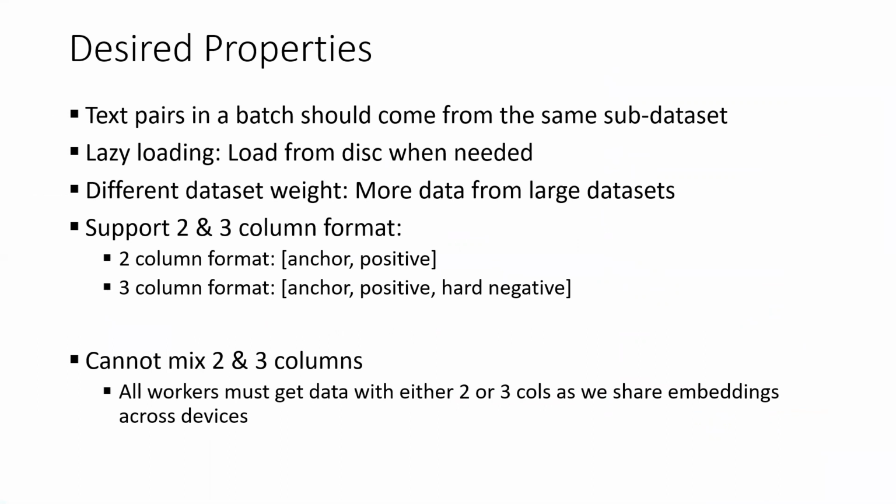No. Okay, so when we train with the 3-column format, we still use random in-batch negatives. So for the anchor, we have one hard negative, and we take all the other positives and hard negatives from all the other examples as random negatives. Then it matches the first point: text pairs in batch should come from the same sub. Right. Okay.